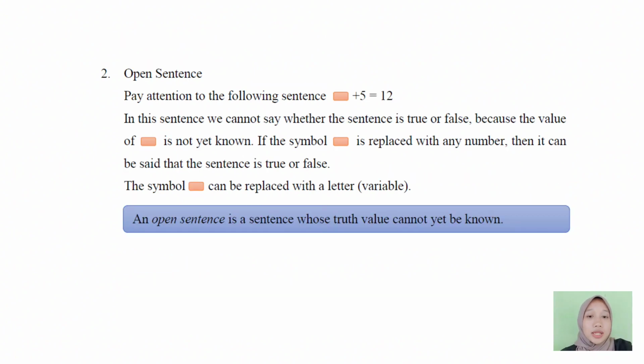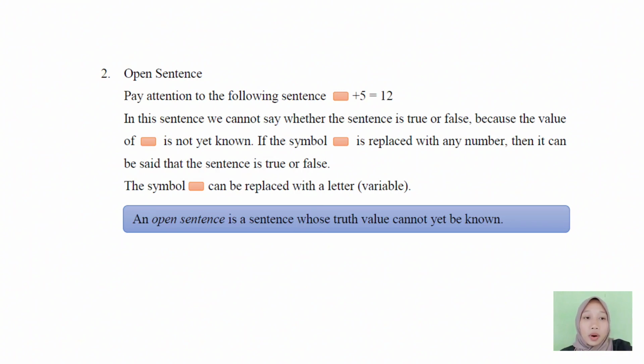Number 2, open sentence. Pay attention to the following sentence. Box plus 5 equals 12. In this sentence, we cannot say whether the sentence is true or false because the value of box is not yet known.